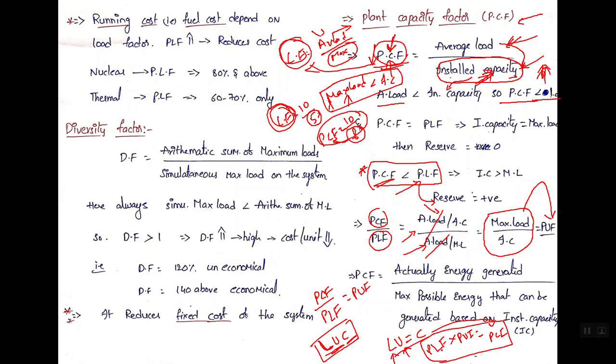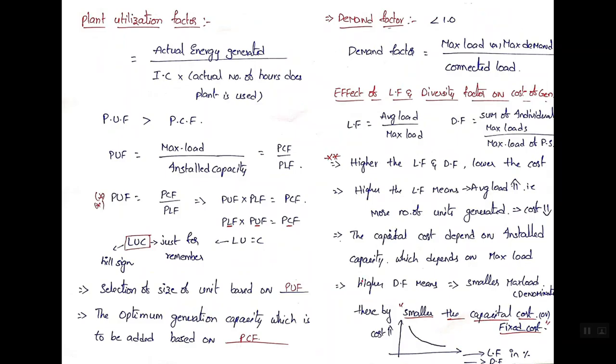And the next one, plant utilization factor. This plant utilization factor is nothing but maximum load by installed capacity, or we can also say that it is actual energy generated by installed capacity into actual number of hours that the plant is used.